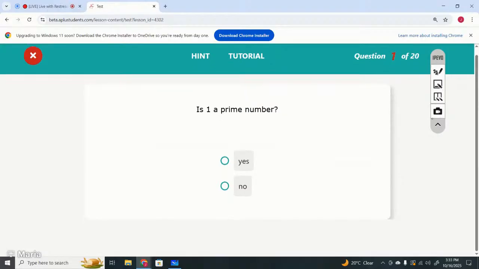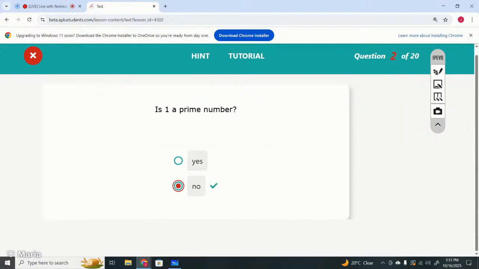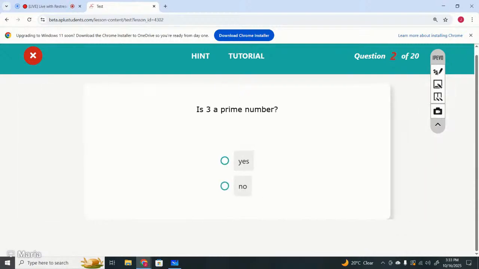Is 1 a prime number? No, 1 is neither prime nor composite. Is 3 a prime number?